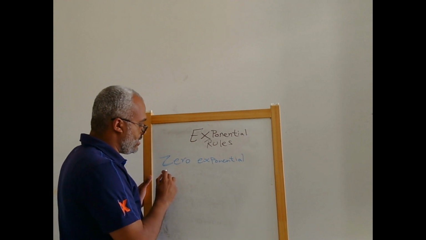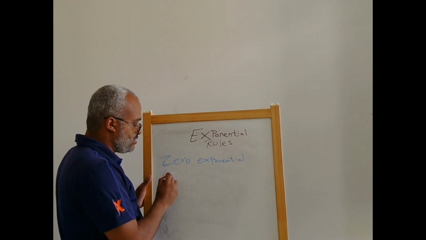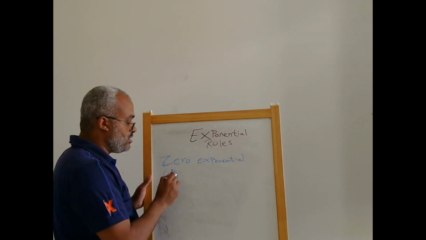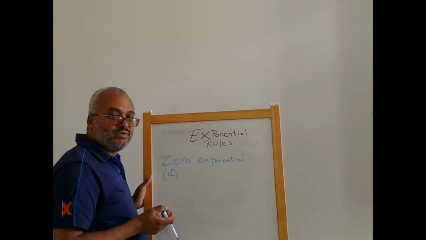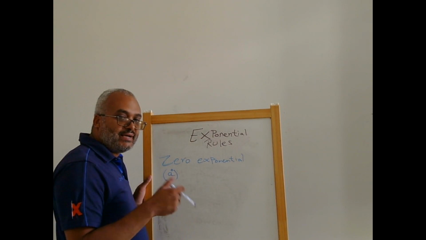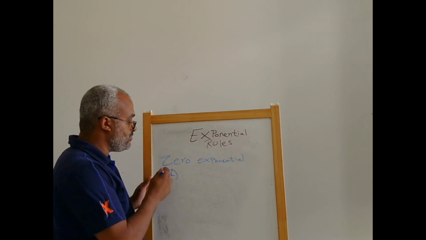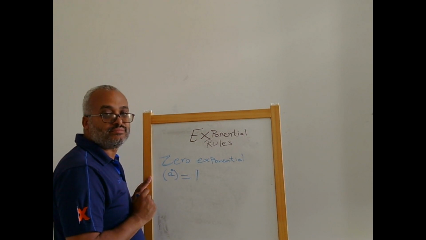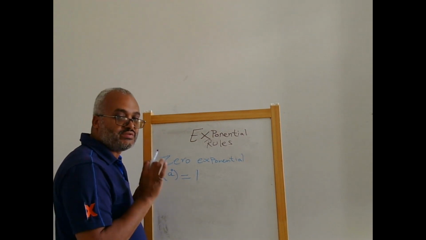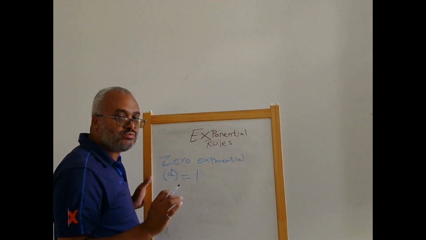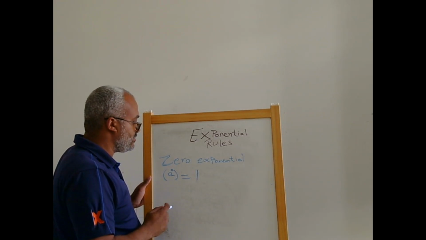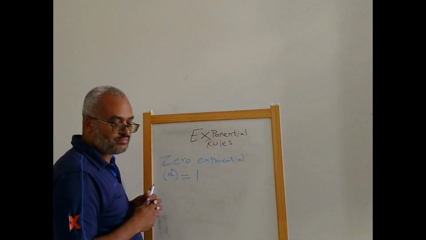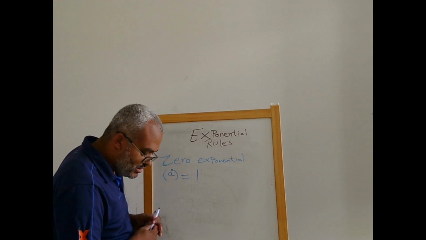So anything to the power of 0, whether A, B, C, 1, 2, 3, X, Y, Z, to the power of 0 is equal to 1. Anything to the power of 0 is equal to 1. That's right. It's a very simple rule. It's called zero exponential.